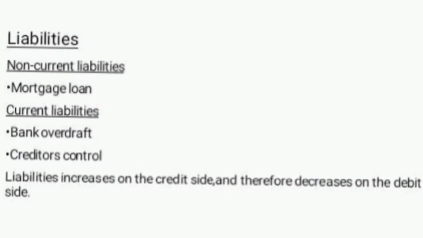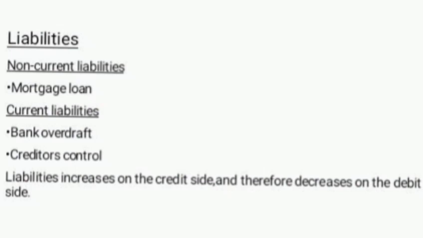Let's go straight now to the current liabilities. Under the current liabilities, we have the bank overdraft. What is the bank overdraft? It is where you use the money that you do not have. The bank allows you as a business to use more than what you have. That's a bank overdraft, and you have to pay that money.